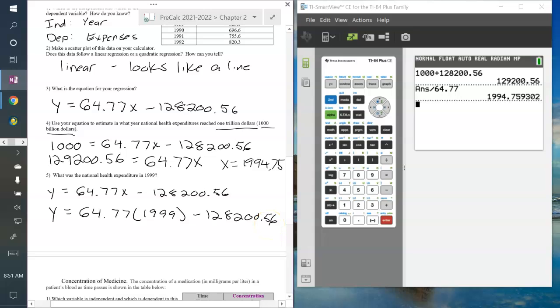So let's go to our calculator. 64.77 times, not minus, times 1999 minus 128,200.56. And I get 101,274.27.